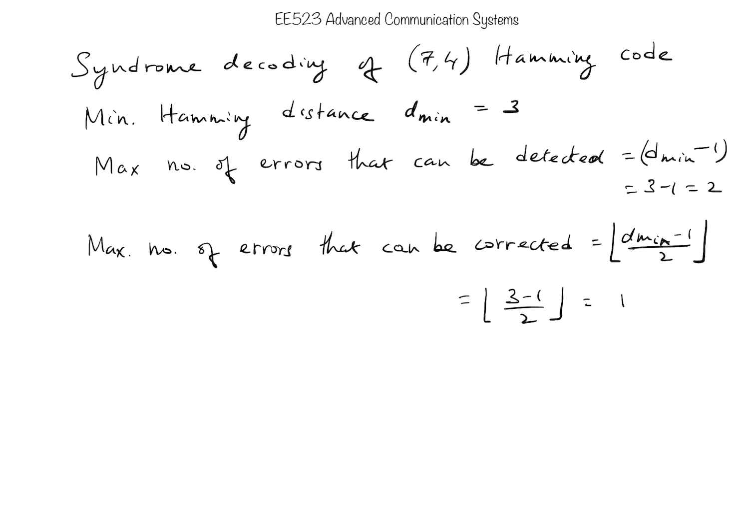Let us quickly recall the code rate of this particular code. Code rate is k by n, which is 4 by 7. This is just a quick recap, and let us now proceed with the decoding example. I did one example in the previous lecture.